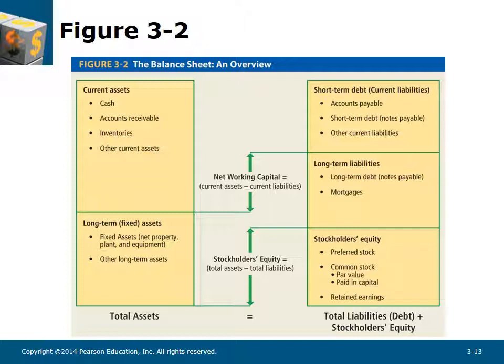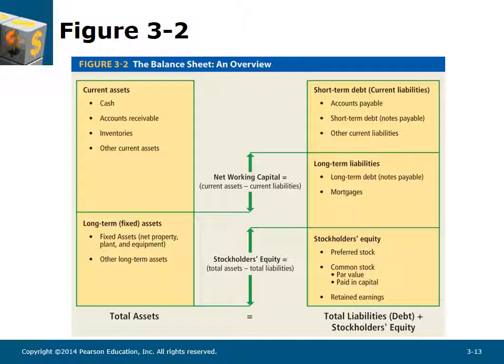These are plant or fixed assets, things like building, land, equipment, furniture, vehicles. And then there might be other long-term assets, such as a special category we call intangibles, copyrights, patents, franchise fee. So those are your typical long-term type of assets on a balance sheet.